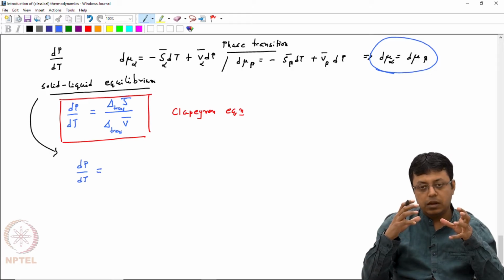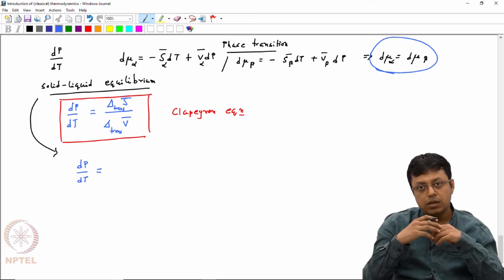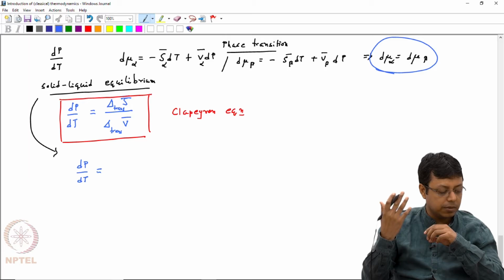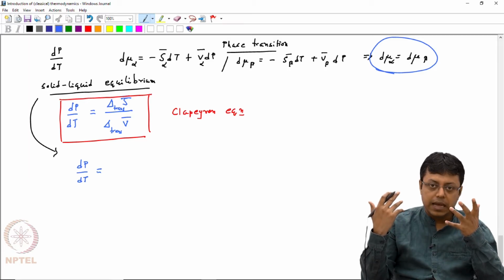During the phase transition, the associated reversible heat change is equal to the enthalpy, because the phase transition happens at constant pressure and temperature. So delta S we can replace by delta Q reversible by T, which is delta H by T.